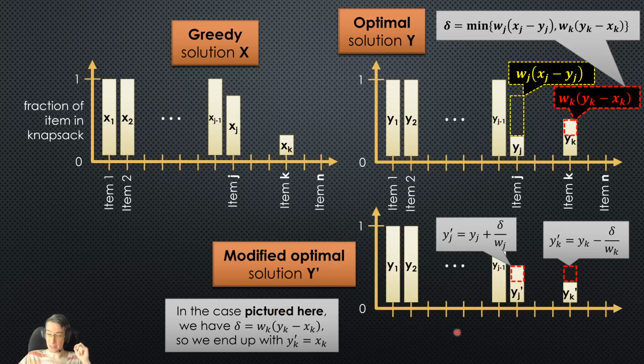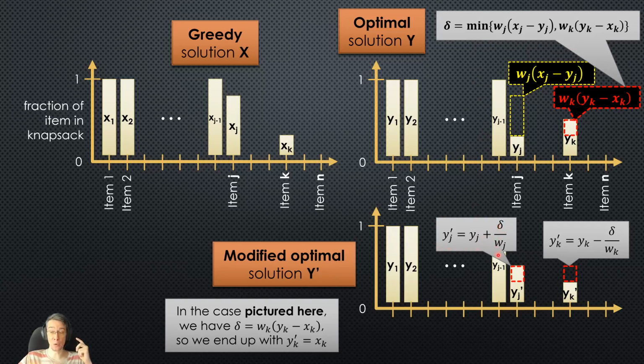So here's our modified solution y prime, and we're going to set yj prime to be equal to yj plus some fraction here. So remember, delta is the weight that we want to move. Okay, so what's the fraction that we want to add? If we want to add delta weight to yj, what's the fraction of item j that we're adding?